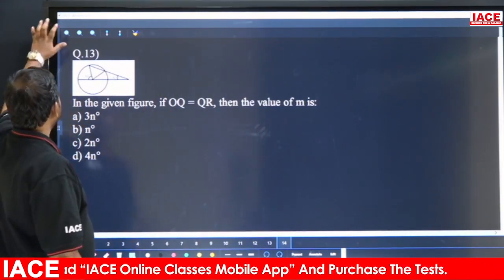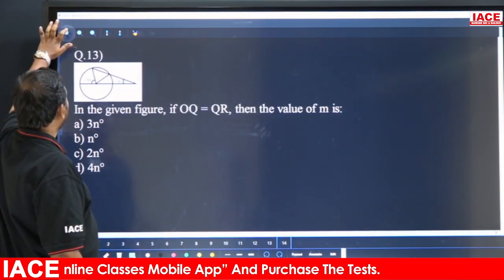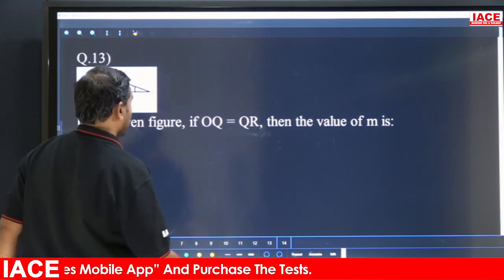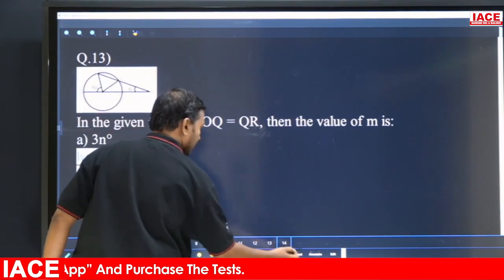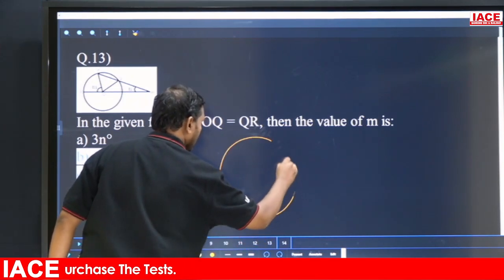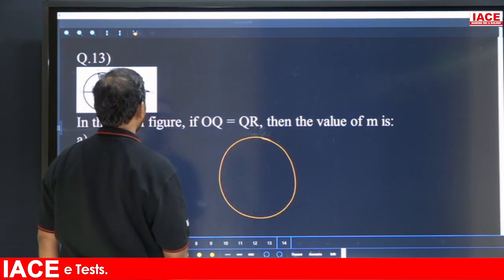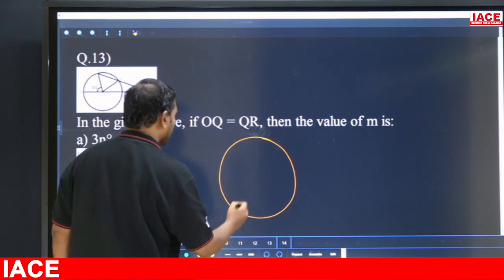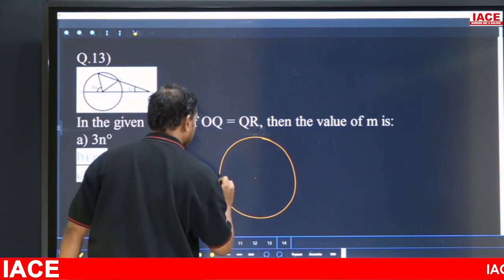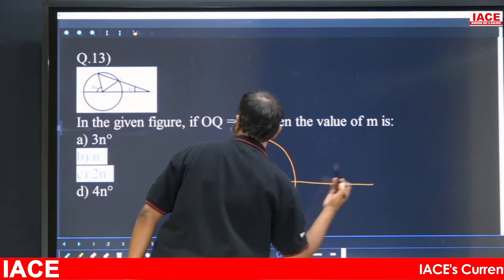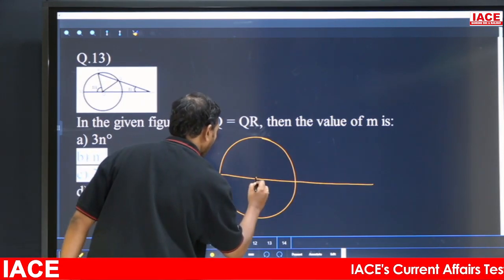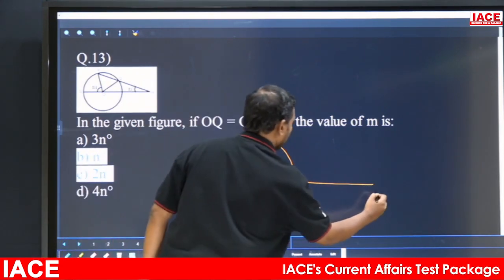Again a geometry question. See, I'm drawing here. In a circle, it is passing through the diameter. So S, O, R, right?